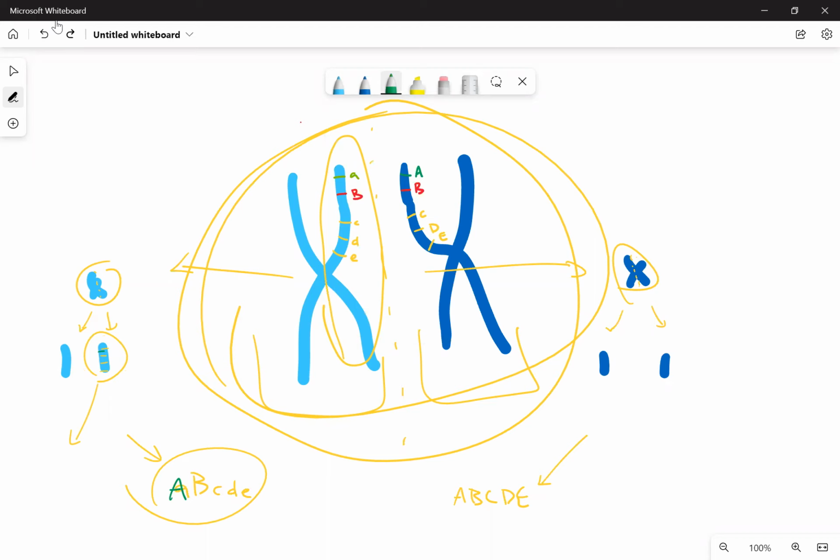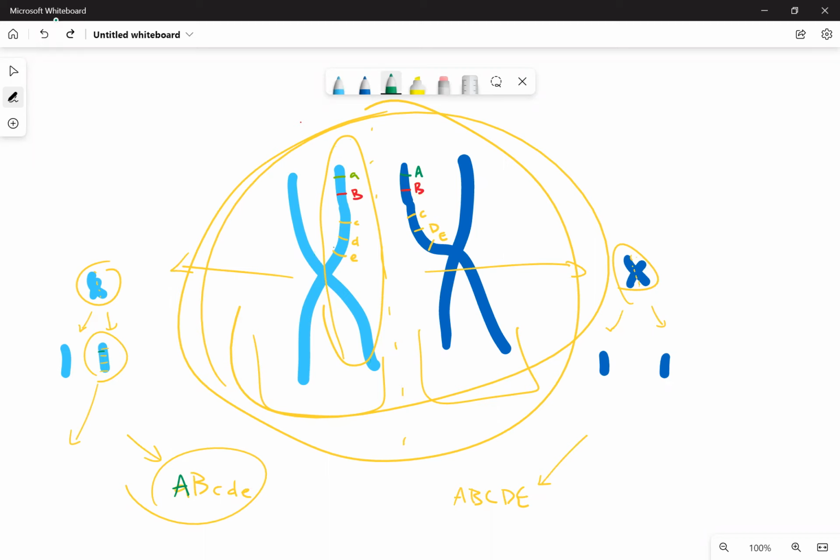And so the parent, before crossing over happens, would have been identical to the parent where it was just lowercase a, b, c, d, e. But now if we have this, it is no longer like the parent started as.